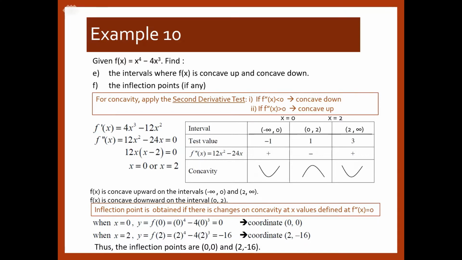As the concavity changes within the interval, there are two inflection points. By substituting x equal to 0 and x equal to 2 into f(x), you will get the corresponding y value. Therefore, the inflection points for the given function are (0, 0) and (2, -16).